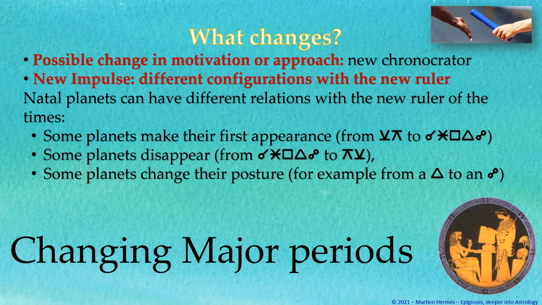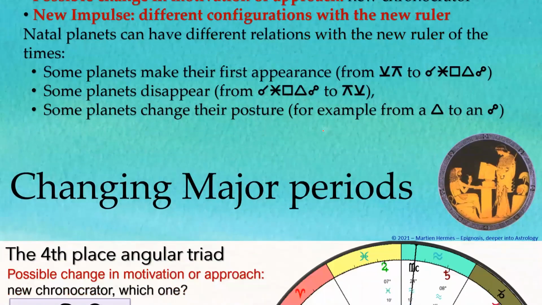I think that this is actually the strength of this method, because it simply explains why certain things become very important in a certain period, why some things simply disappear out of somebody's life or get a different slant on it, simply by being in a different configuration, or a configuration that actually says this planet is not used in this period, etc., etc. So let me show that.